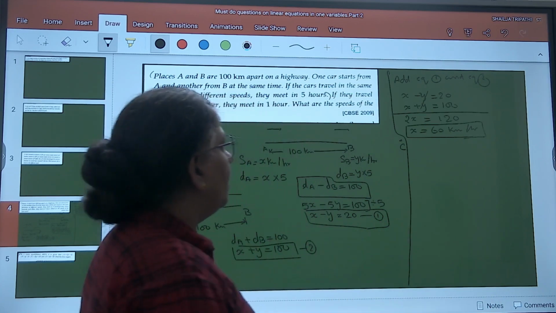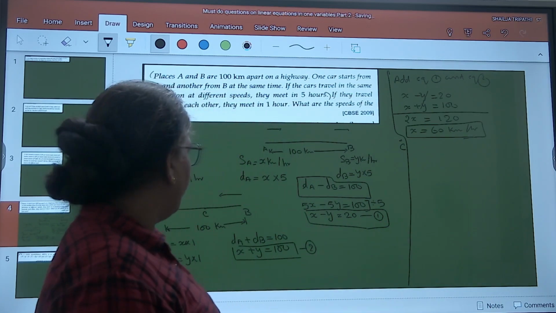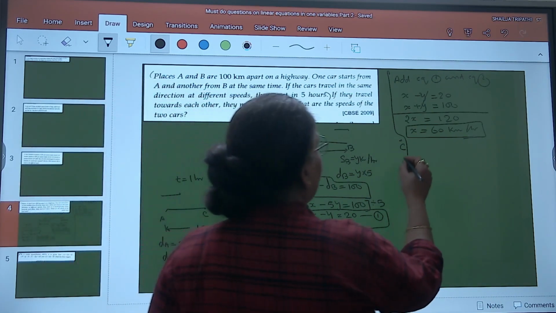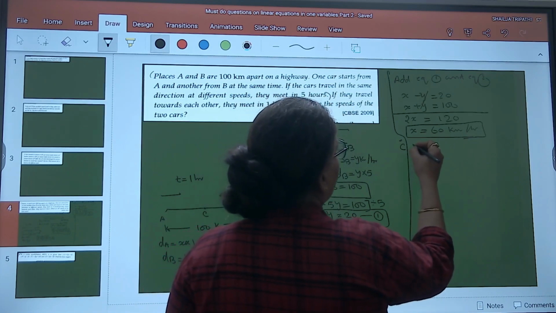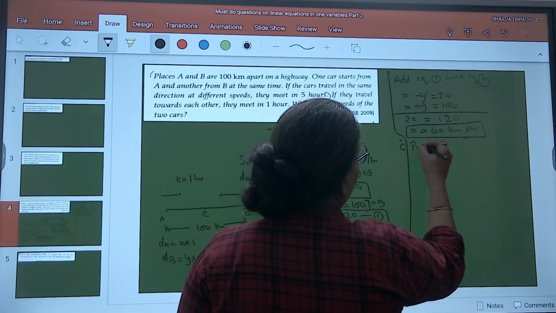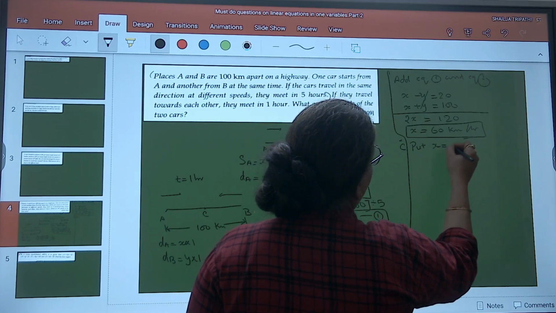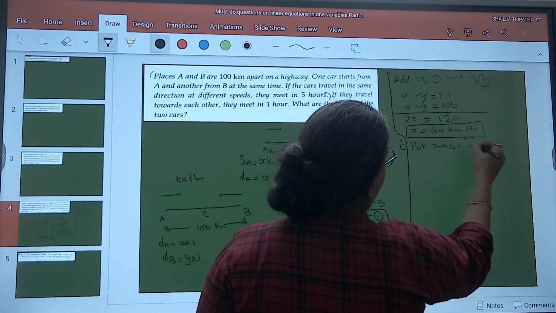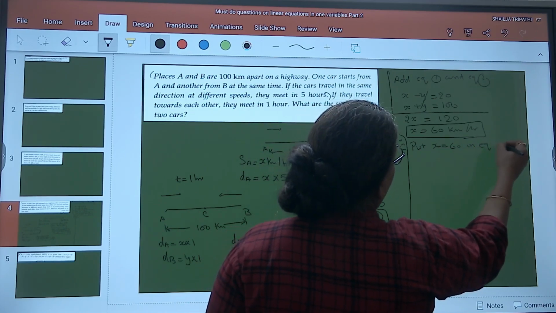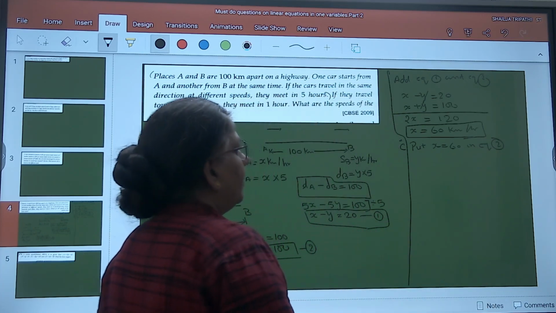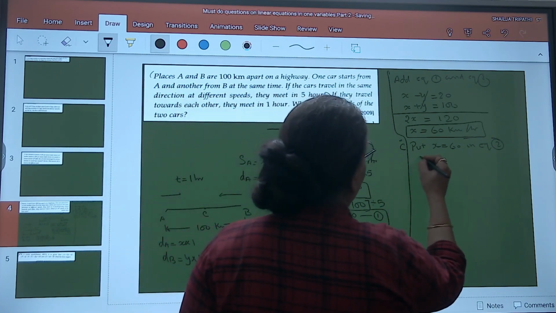Now put the value of x in equation 1 or equation 2. Put x is equal to 60 in equation 2. See what we get, x plus y is 100.